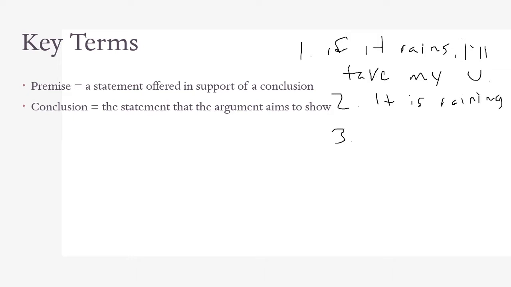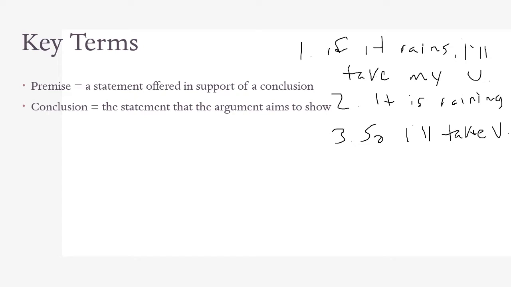And third, we could say, so I'm going to take my umbrella. So we have three different sentences here. We have, if it rains, I'll take my umbrella. It is raining. And then, since it's raining, I'll take my umbrella.